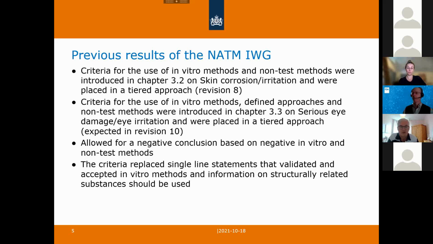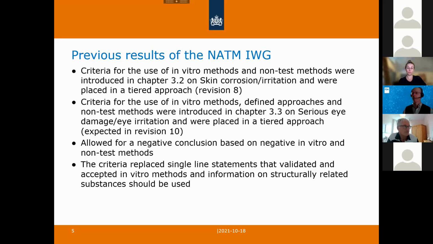So what have we done previously? The non-animal test method working group has worked on skin and eye irritation. For skin corrosion, which is chapter 3.2 of the GHS, we have included in vitro methods and non-test methods, which includes things like QSARs and read across, and they were placed in revision 8 of the GHS.